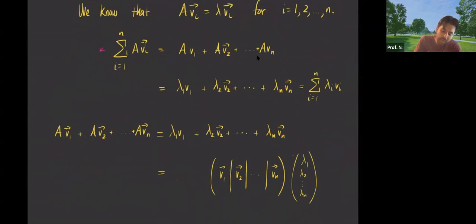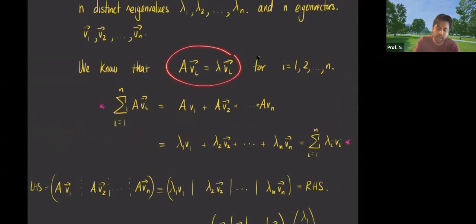So for now, don't add them. Just treat them as columns. If you treat them as columns, do you see how the left side does equal the right side? If this is a column A v1, this is really just lambda 1 v1, because of what we said here, A vi equals lambda i vi.